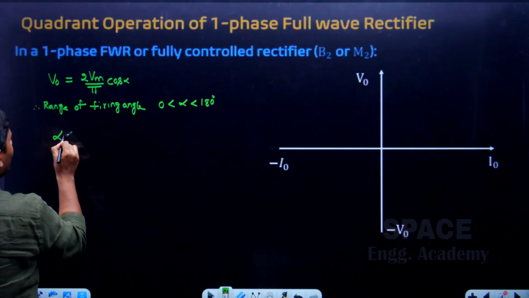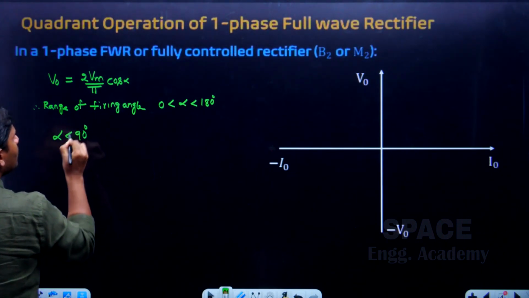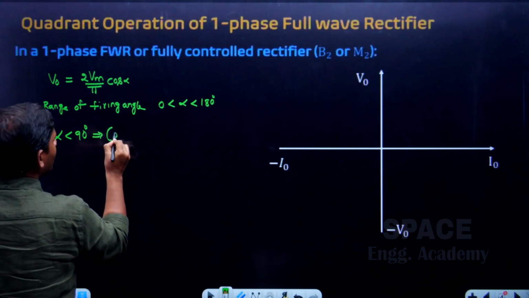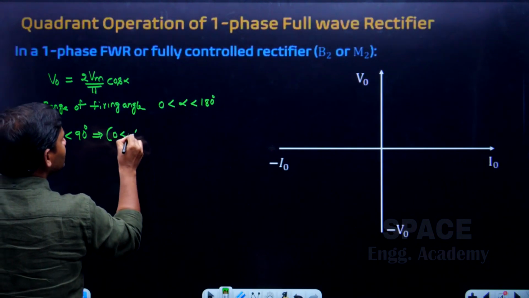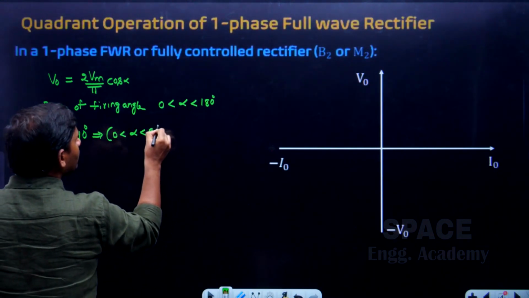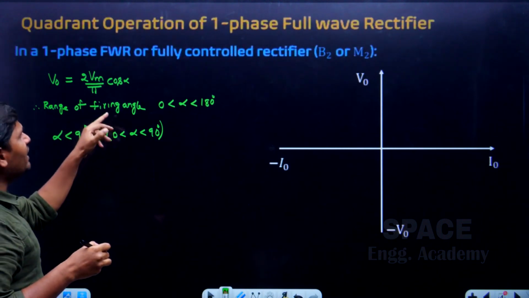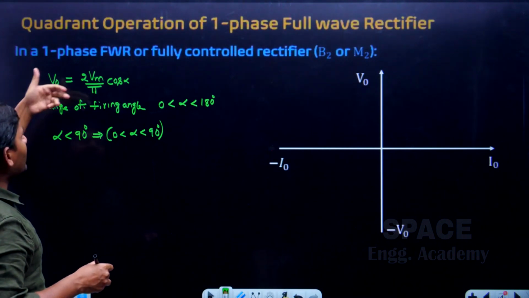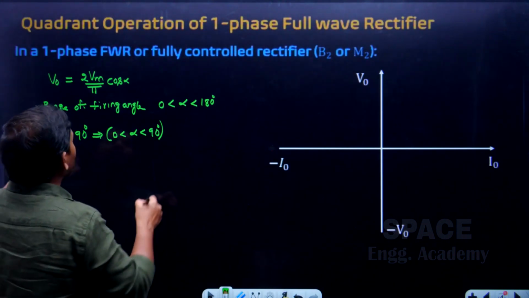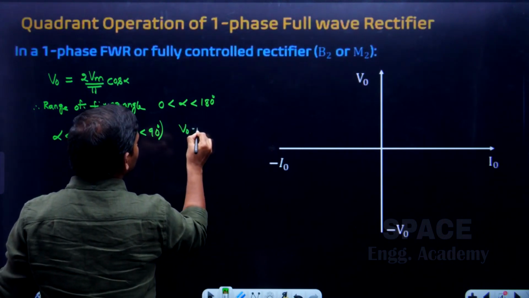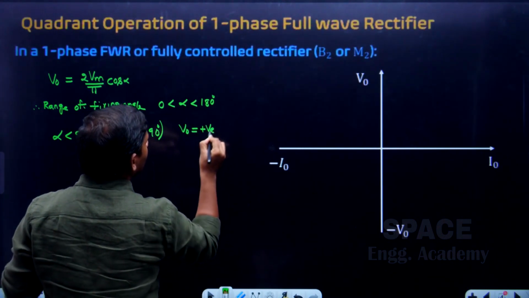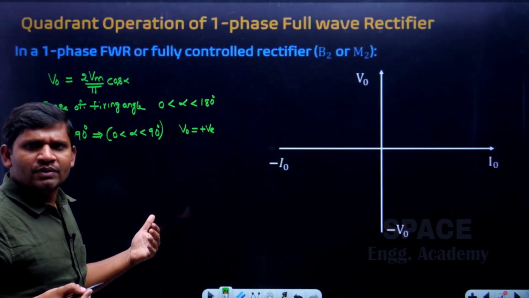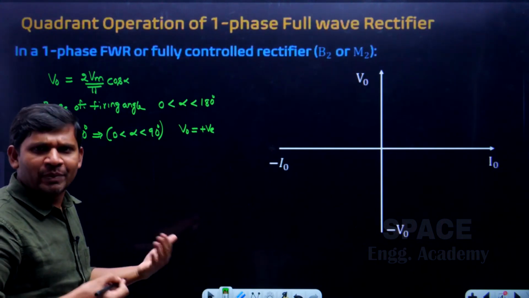For alpha less than 90 degrees, that is 0 less than alpha less than 90, you substitute any firing angle between 0 to 90 degrees, 30 degrees, 60 degrees, 40 degrees, any firing angle, then we get V naught positive. V naught is positive. But I told already, in rectifiers the current is always positive, current never can be negative.